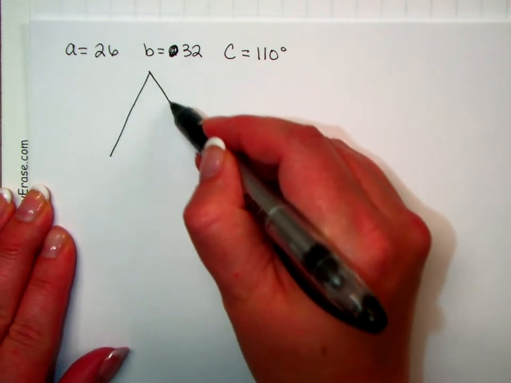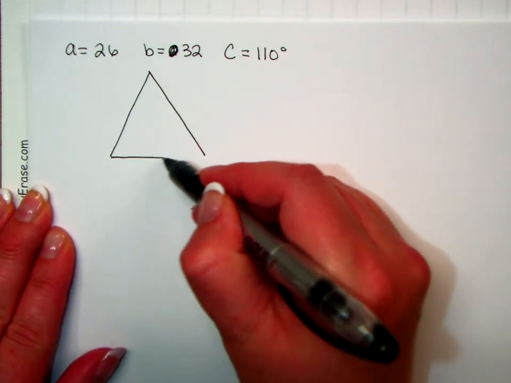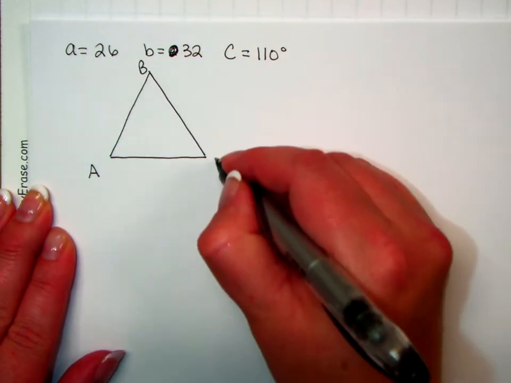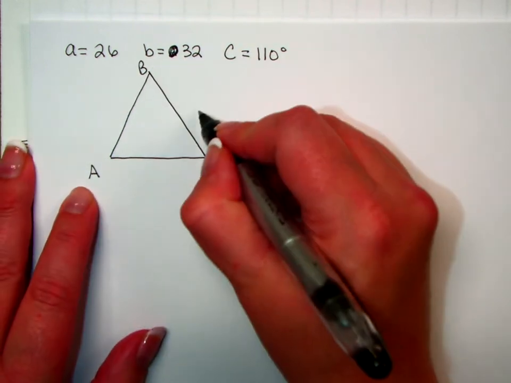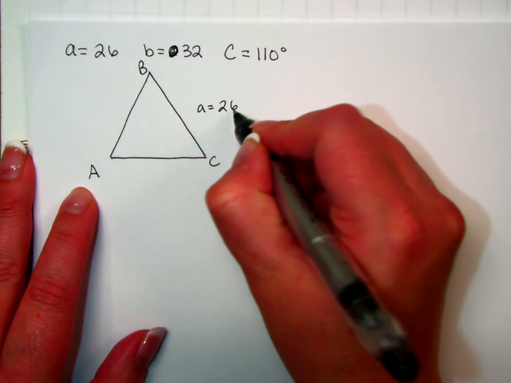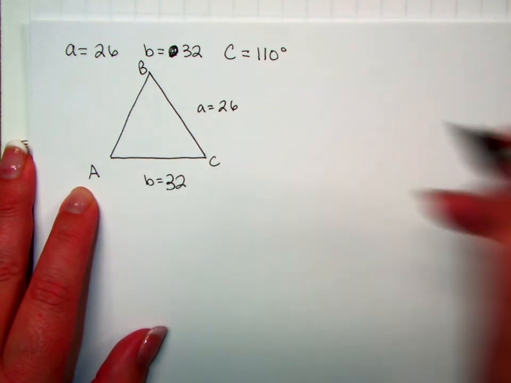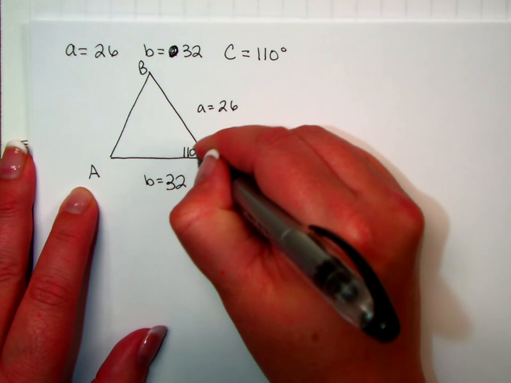So if I draw the triangle here and label accordingly, little a is 26, little b is 32, and angle C is 110 degrees.